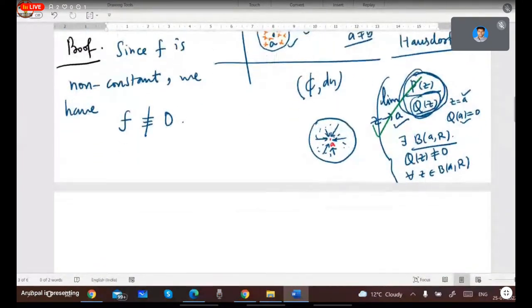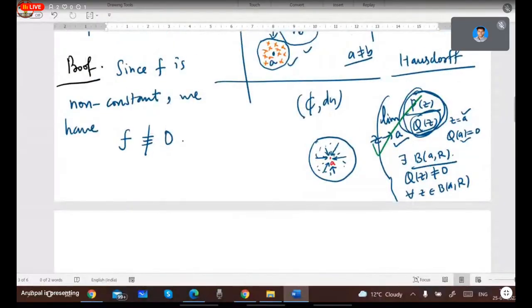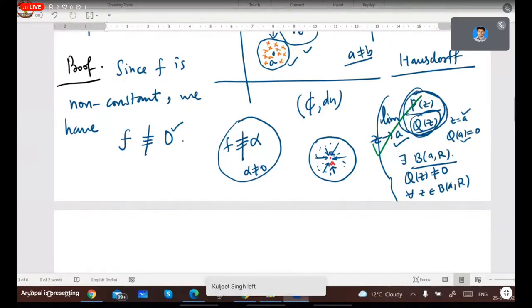Now class, some one of you may ask, sir, why have you written that if the function is non-constant, then perhaps there could be this possibility also, that the function f is identically equal to some constant alpha, where alpha is some non-zero constant. But I have taken particularly 0. How? Right, class? If you say the function is non-constant, then straightforward, how can you say that the function is not identically equal to 0?